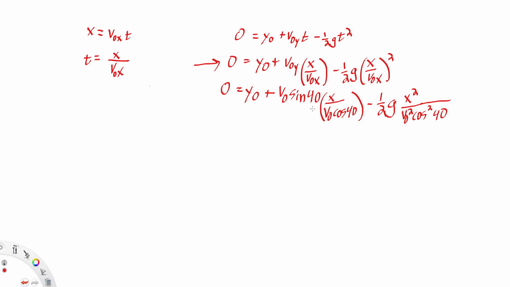So if taking a look at this, right, sine 40 is a number, y naught is a number, it's 400 meters, x is a number, it's 359, g is a number, it's 10. So it actually looks like we only have one unknown in this equation.